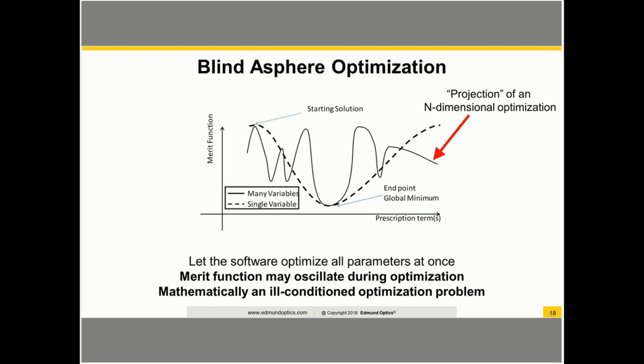Let's take a look at the merit function, or some may refer to it as an error function. It depicts the quality of performance of an optical element, a lens, while it's being optimized. There is a notion among some engineers that are starting to dabble with designing an asphere for the first time, that the more coefficients that end up having non-zero values, the better the design is.